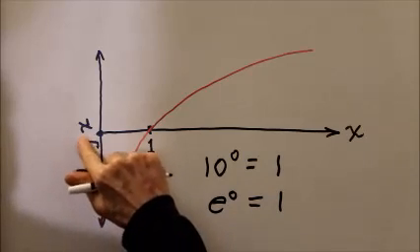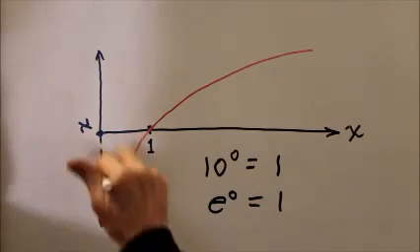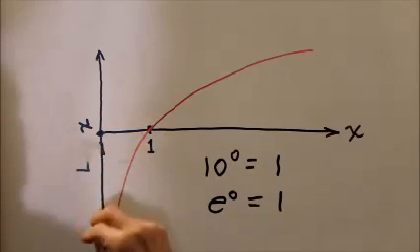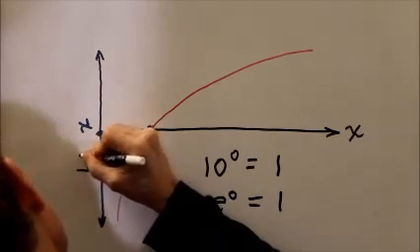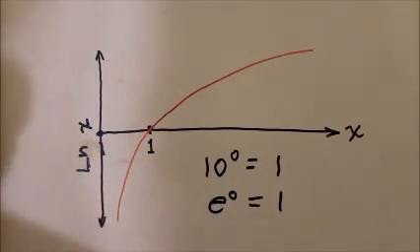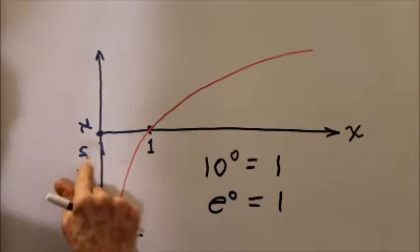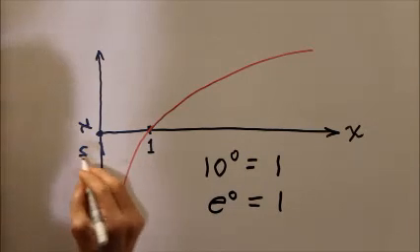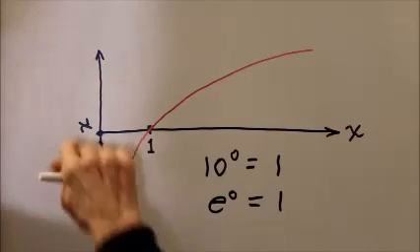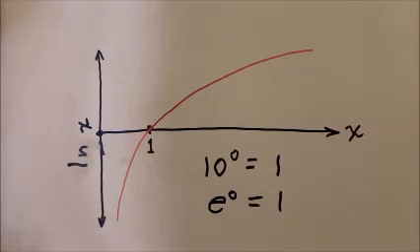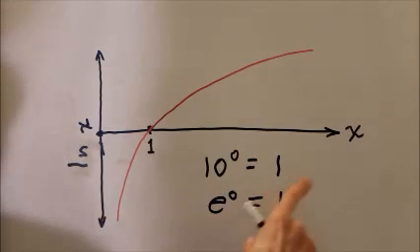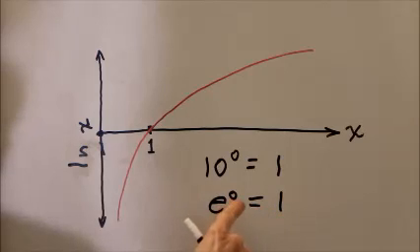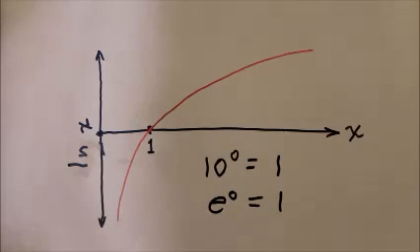So let's change this now from log, meaning common log or base 10 log, to ln. Usually, for some reason, they use a lowercase l. The base e logarithm of 1 is 0.